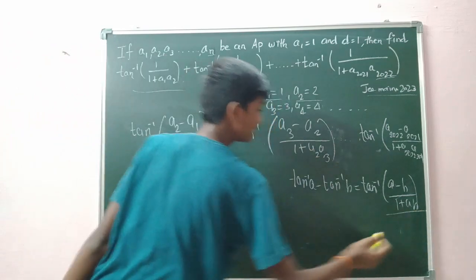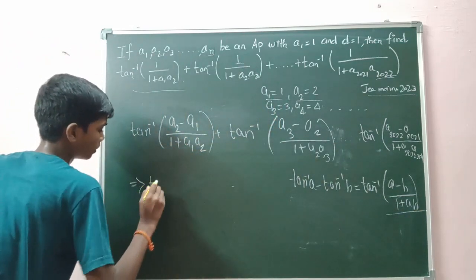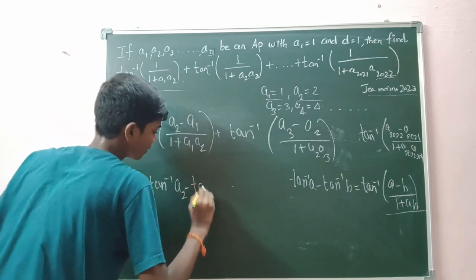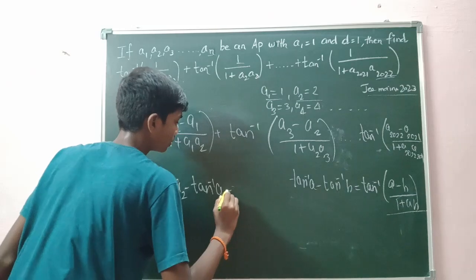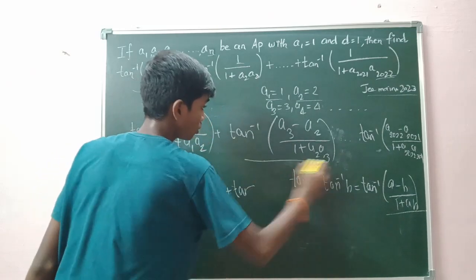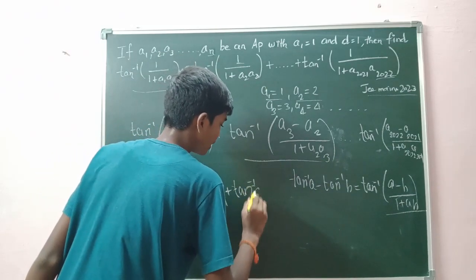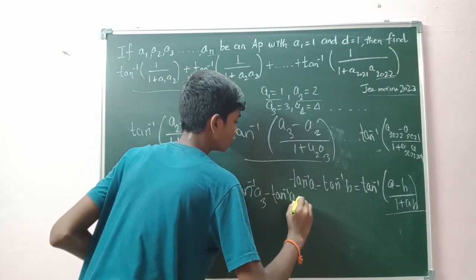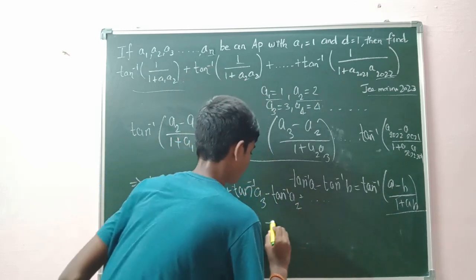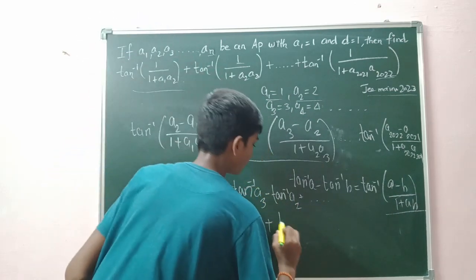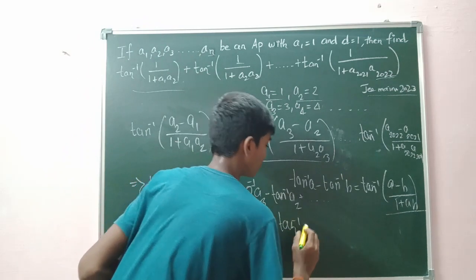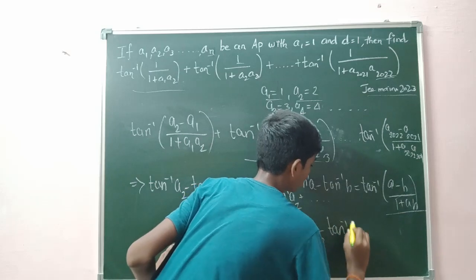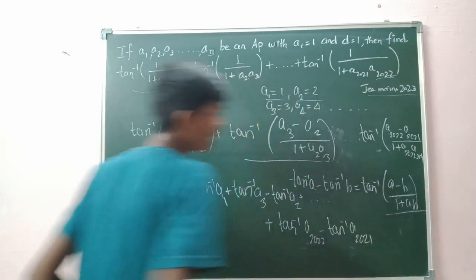So we are having this RHS, therefore I can write it as tan inverse of a2 minus tan inverse of a1, plus tan inverse of a3 minus tan inverse of a2, all the way up to tan inverse of a2022 minus tan inverse of a2021.